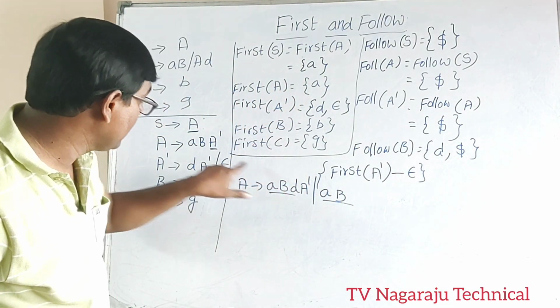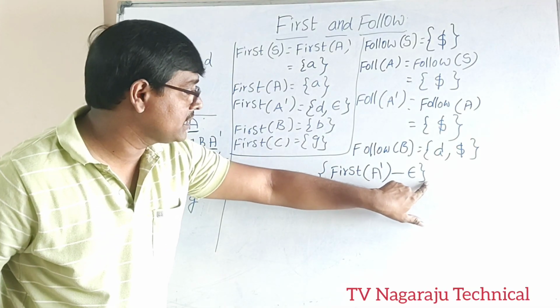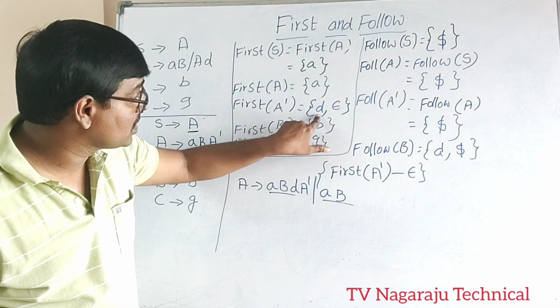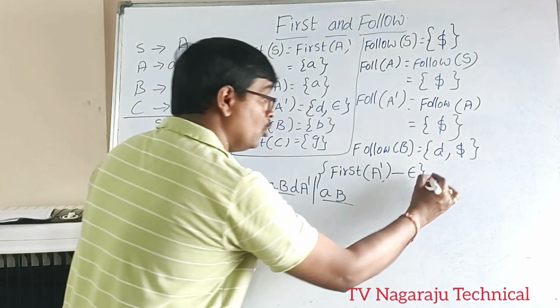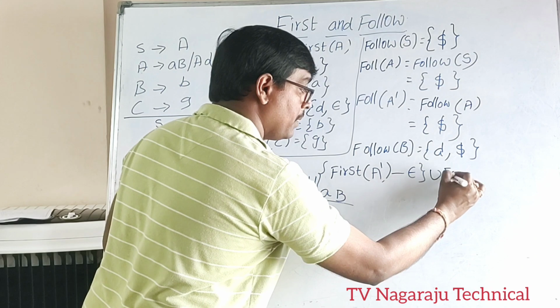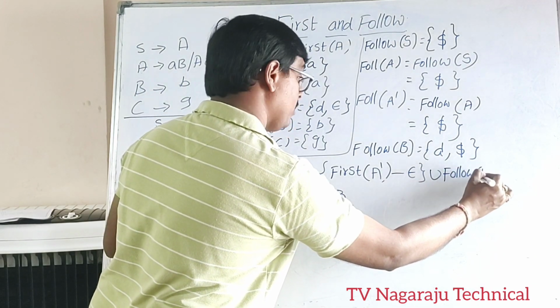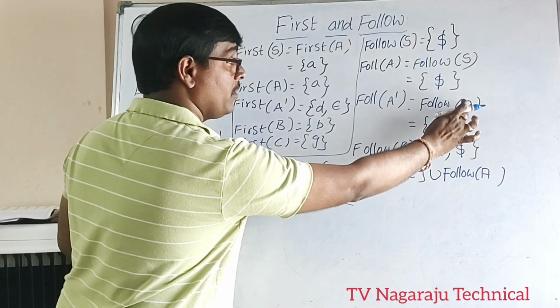Here calculate first of A'. If it contains epsilon, minus epsilon. First of A' is {d, ε}; minus epsilon means d, union, since after A' nothing is there, simply follow of A. What is the follow of A? Dollar.